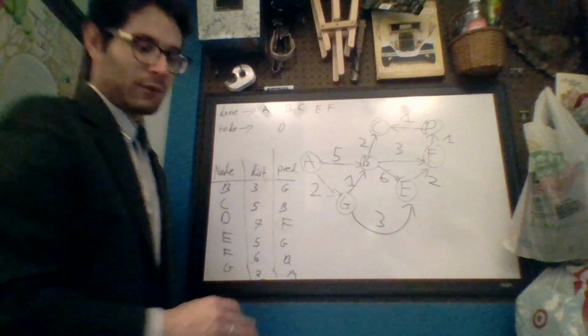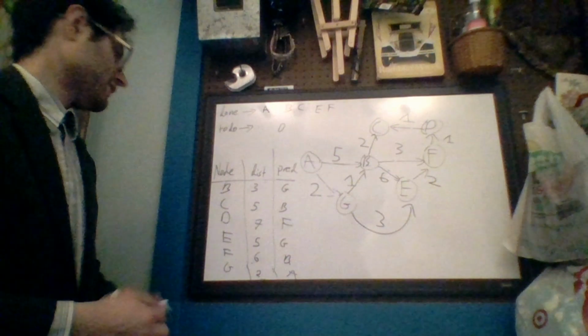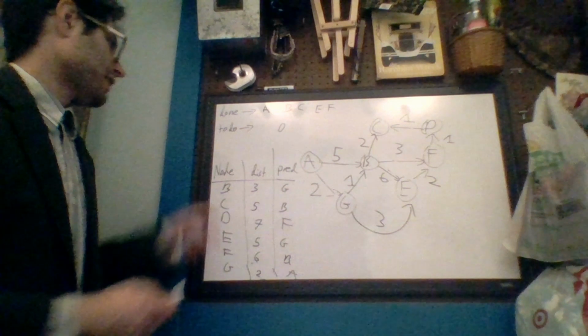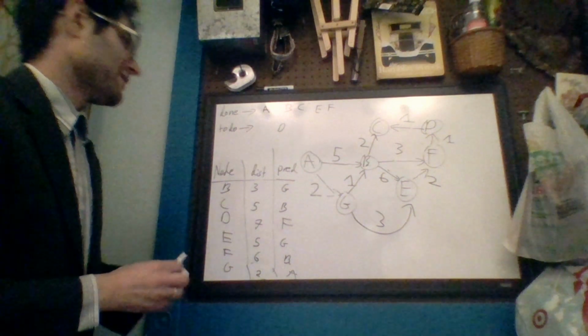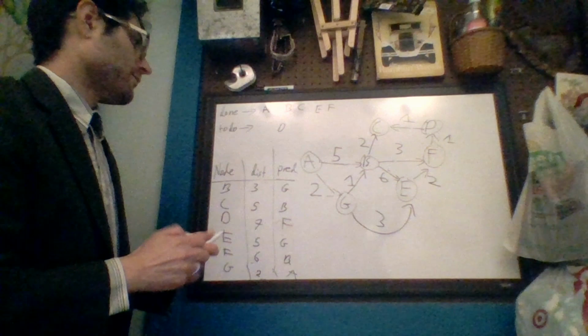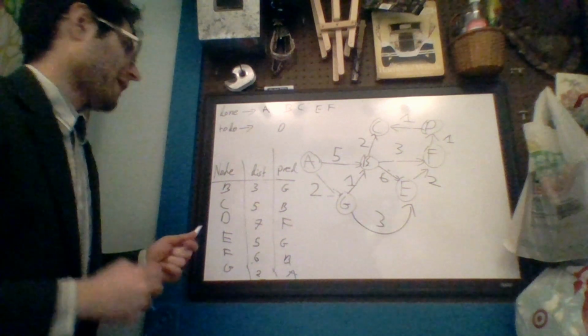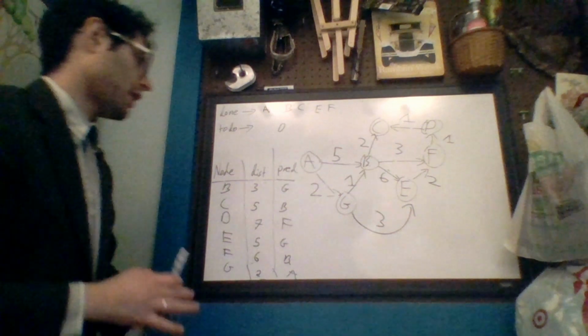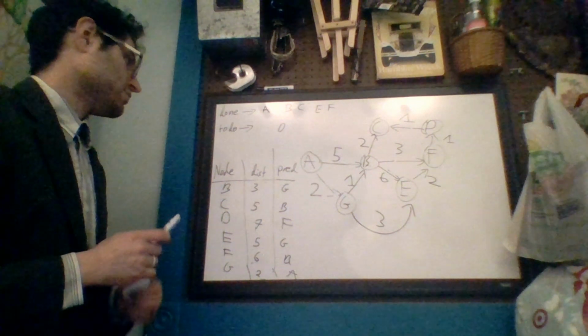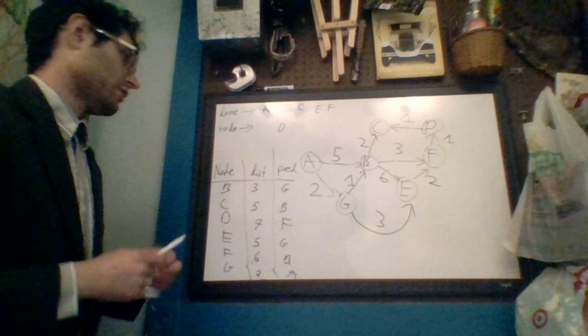So in the end, what Dijkstra's algorithm gives us is this nice path, right? What it basically shows us is a subset of the graph of the cheapest paths from A to all the other nodes.